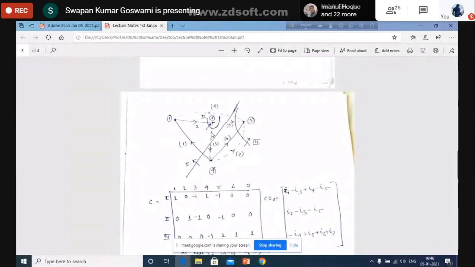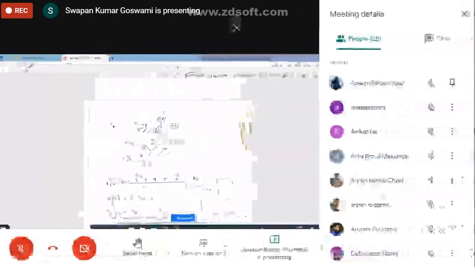Now consider element 5. What is its direction? 5 is common to both cursor 1 and cursor 3. So what is the direction? The direction of element 5 is opposing the direction of cursor 2.